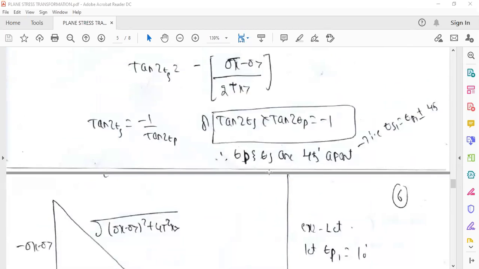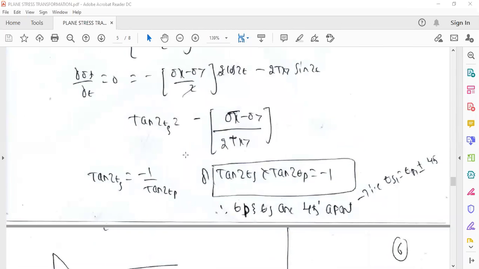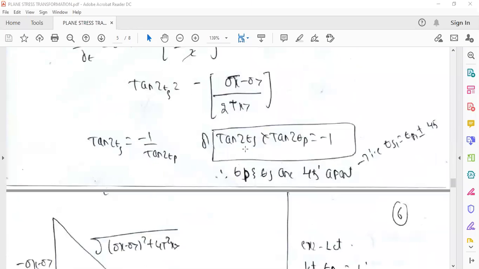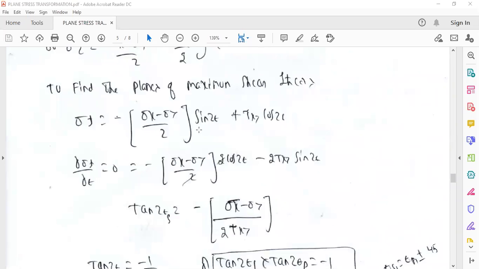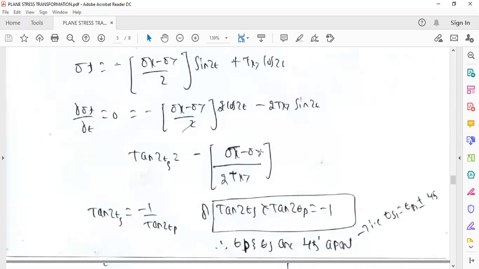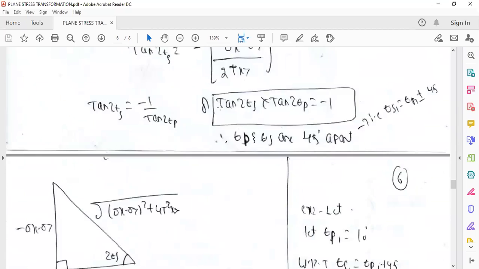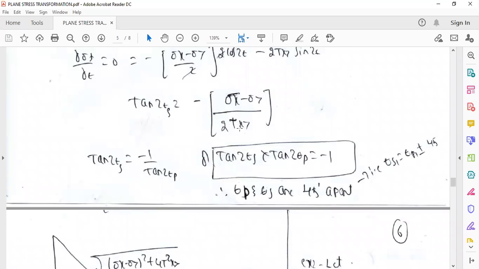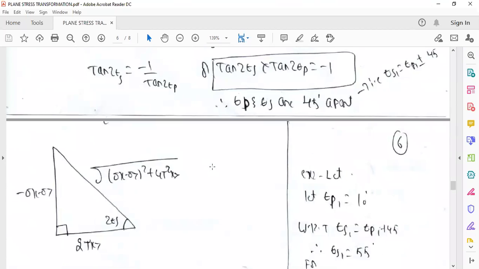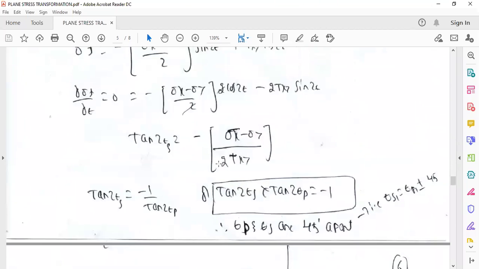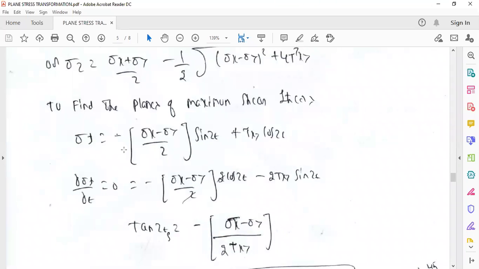Now I came to know what theta s is. Theta s is given by tan 2 theta s equal to minus sigma x minus sigma y by 2 tau xy. But my sigma t expression consists of a sine term and a cosine term. It is better to express sigma x minus sigma y and 2 tau xy in terms of sine and cosine, so that I can directly substitute in my sigma t to obtain the expression for sigma t.